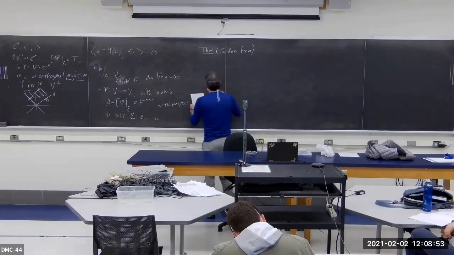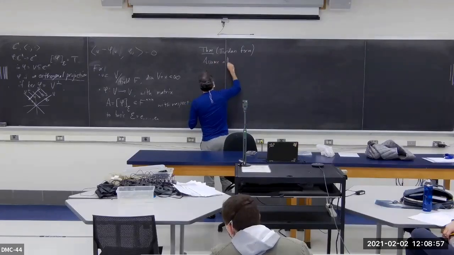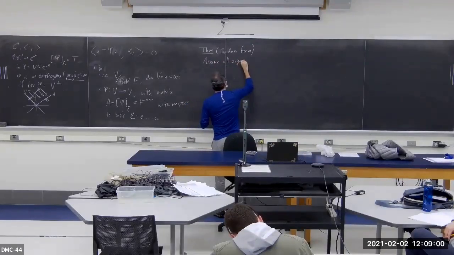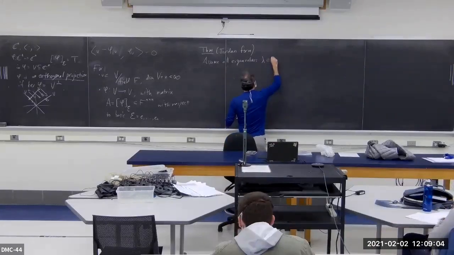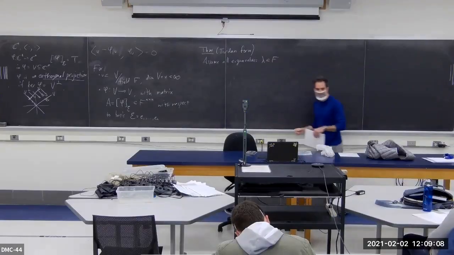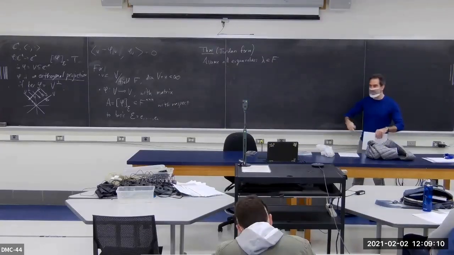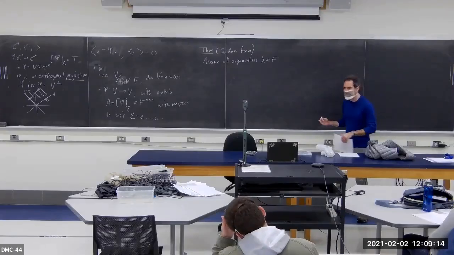So it says, let's assume that all eigenvalues lambda lie in the field F. That is a non-trivial hypothesis, right? Because the field could be the real numbers, and you could have i as an eigenvalue.